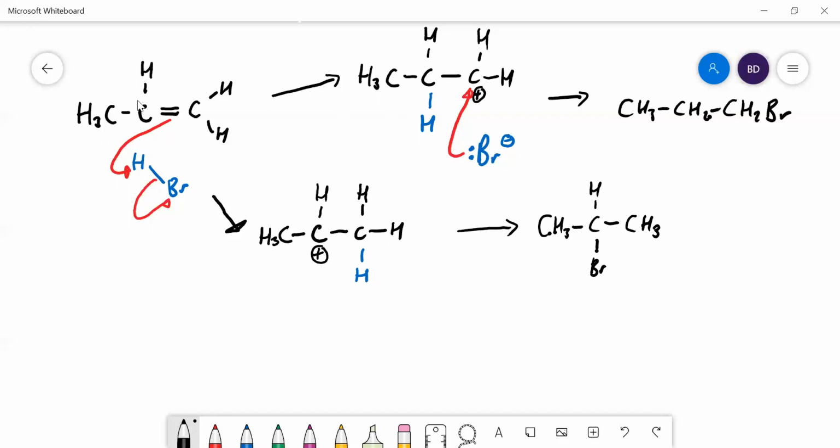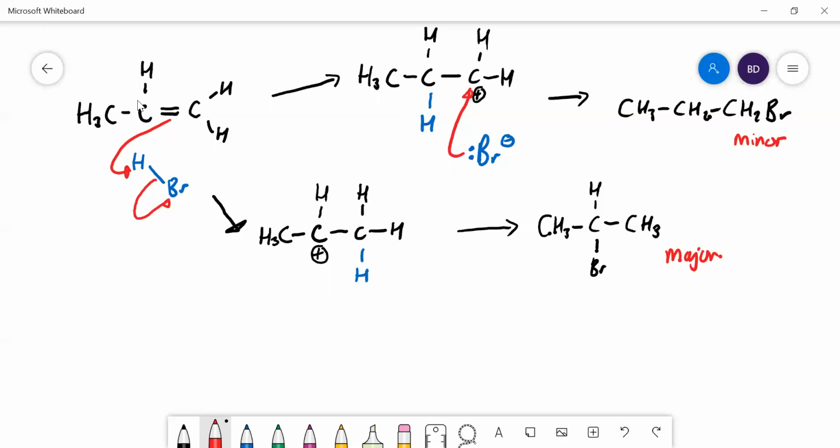Now, if you do this experiment, you find out that you get a lot more of this one here, and that is called the major product. You get more of that than you get of that one, which is called the minor product. A way of remembering the major product is that the carbon that has already got the most hydrogens gets the hydrogen.